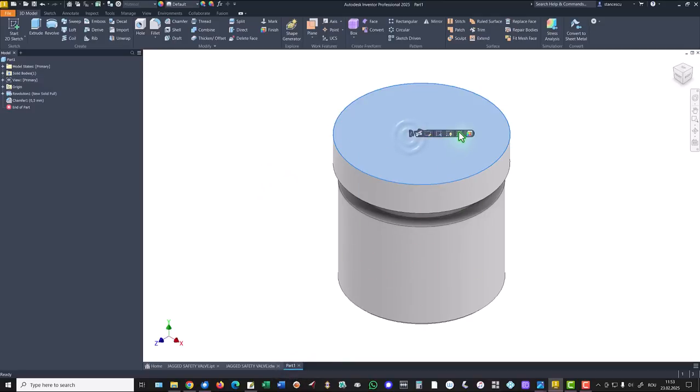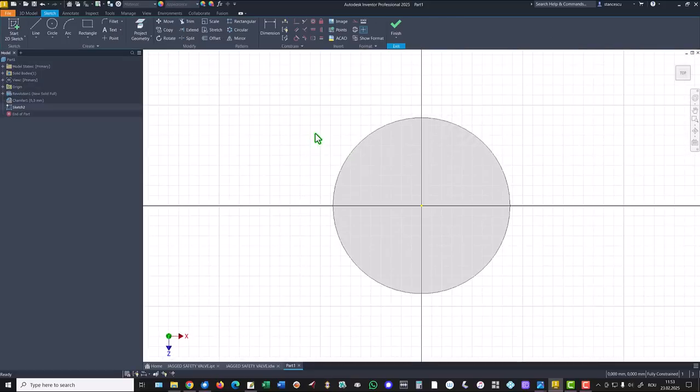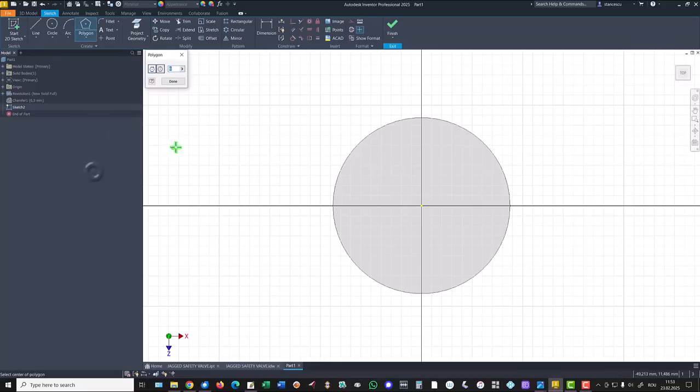Okay, we select this face, we select polygon with 6 sides, this center and this placement.